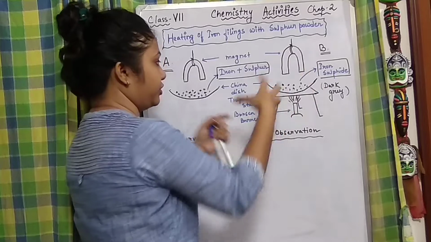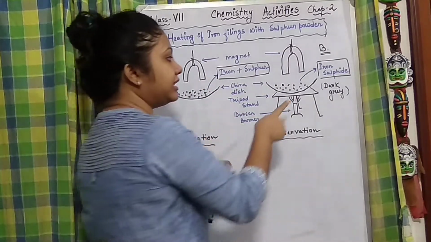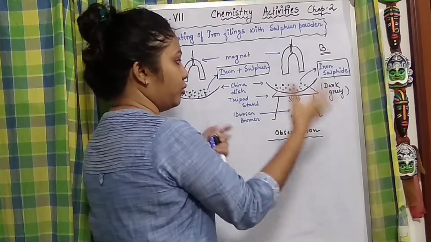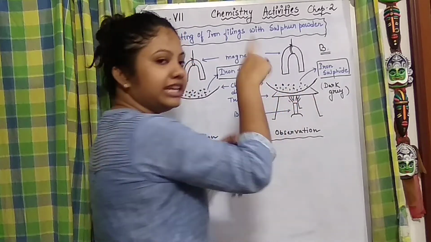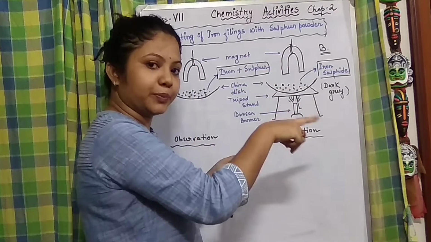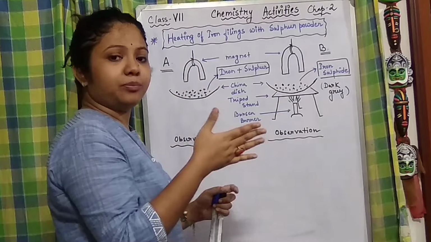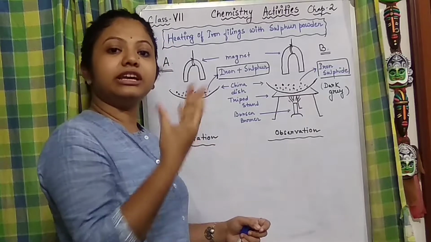We have mixed the iron filings with the sulfur powder, and then we have placed this mixture in a china clay bowl on a tripod stand. This stand with 3 legs is called a tripod stand. And under this tripod we have placed a Bunsen burner that will provide the heat.